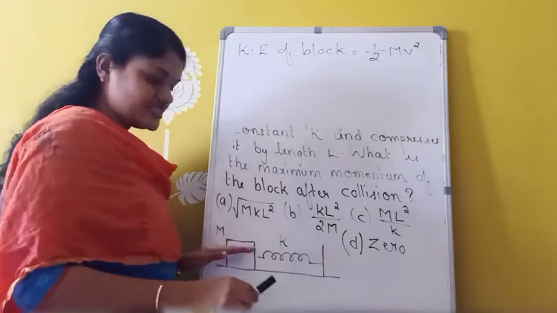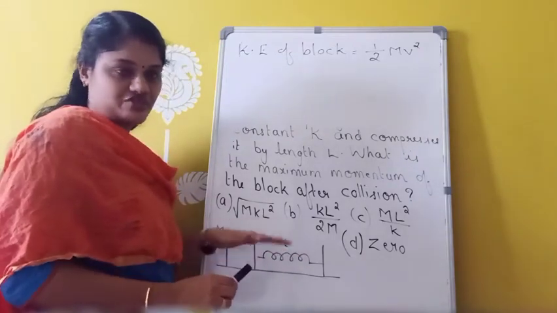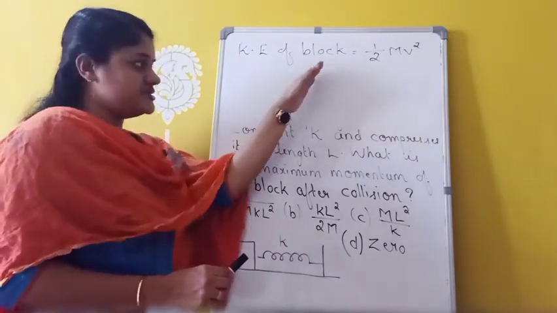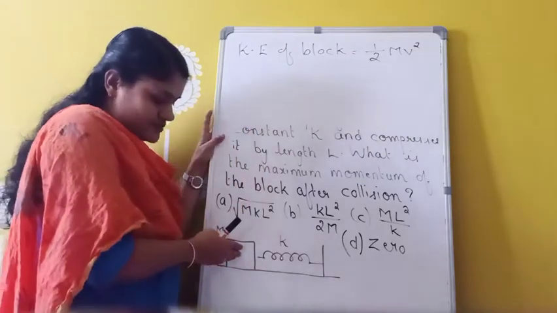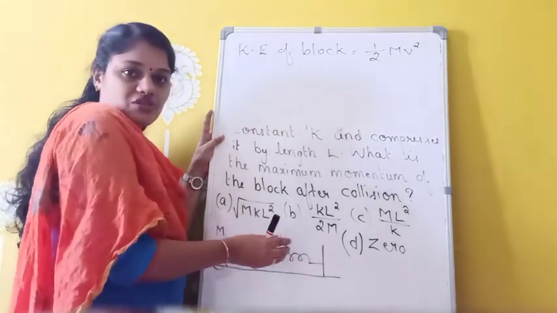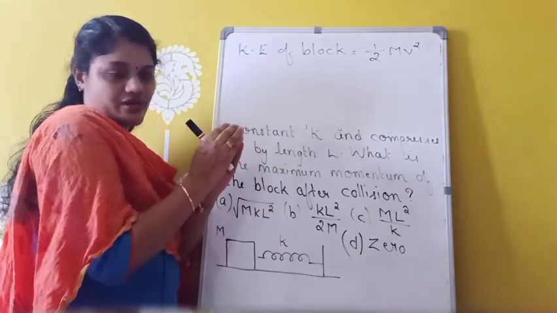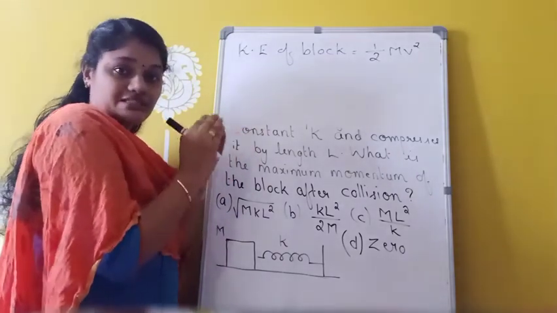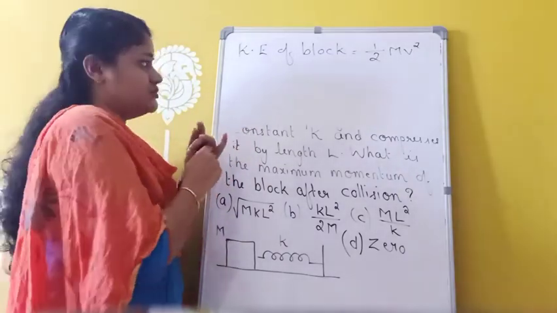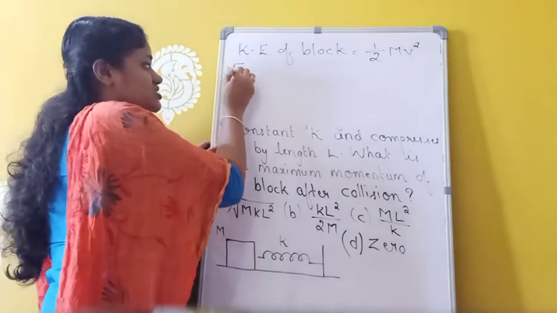That is, when this block is moving on the horizontal frictionless surface, it is having kinetic energy given by this formula. Now when this block collides with the spring, what happened to the spring? The spring is compressed to a length L. That means there may be elastic potential energy. So elastic potential energy of the spring.